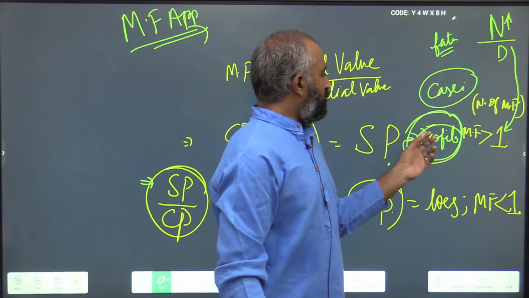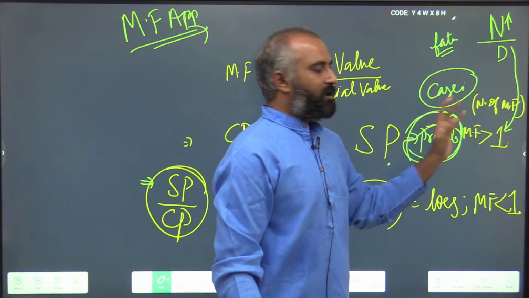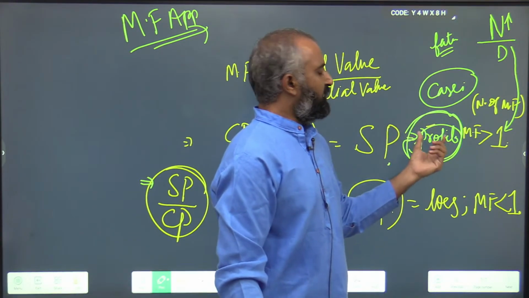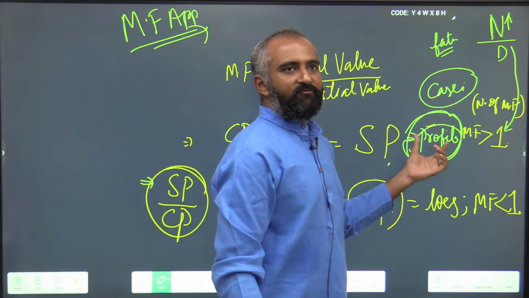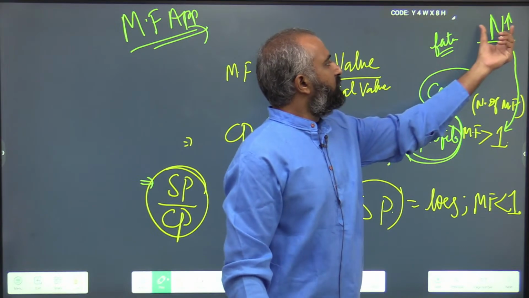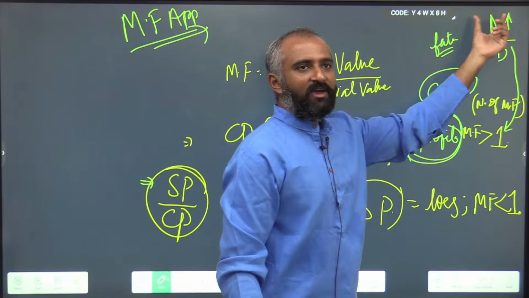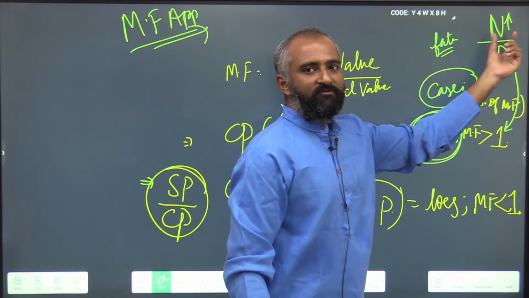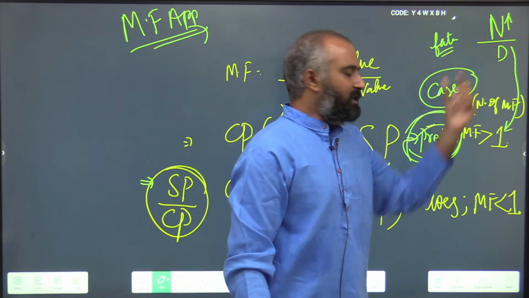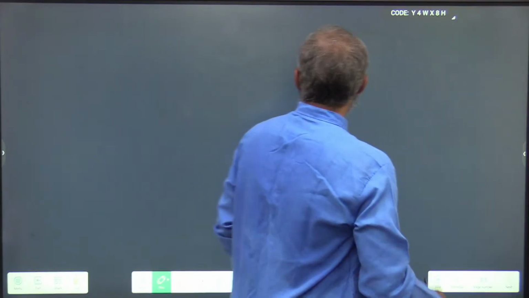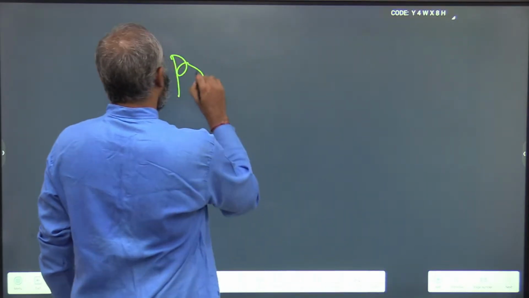You need not remember the whole background, but just remember that for profit, the fraction we are multiplying with has to have a higher numerator than the denominator.